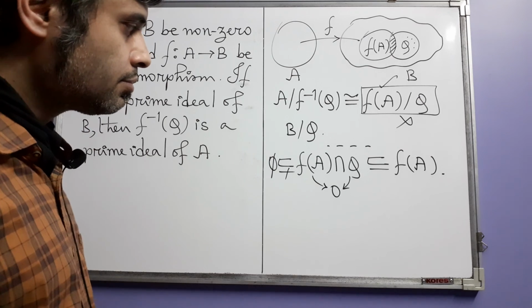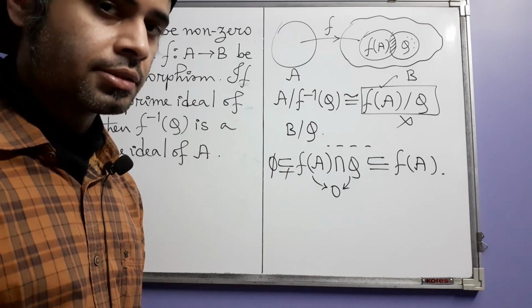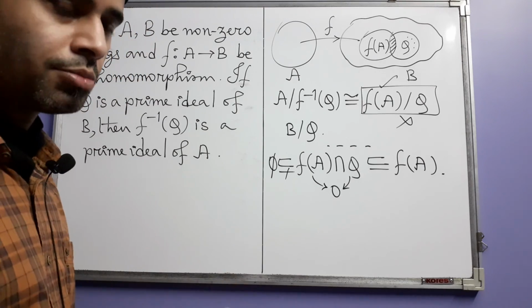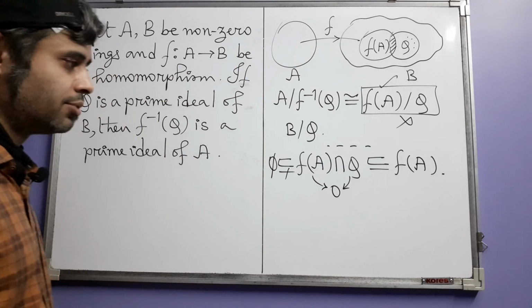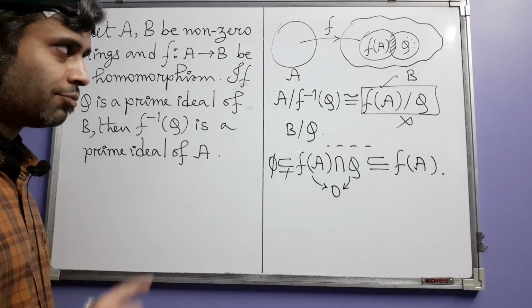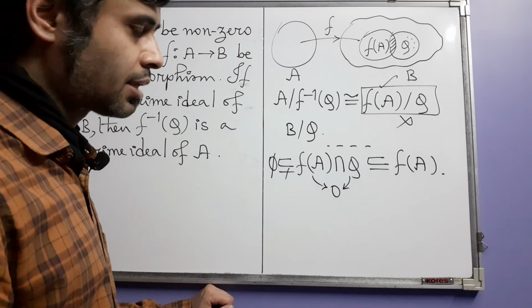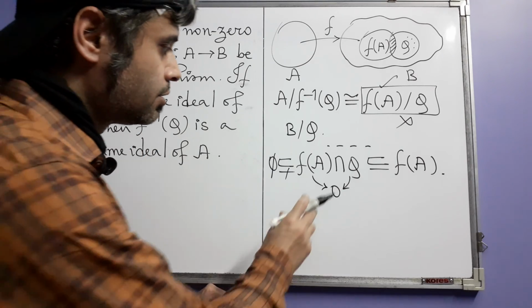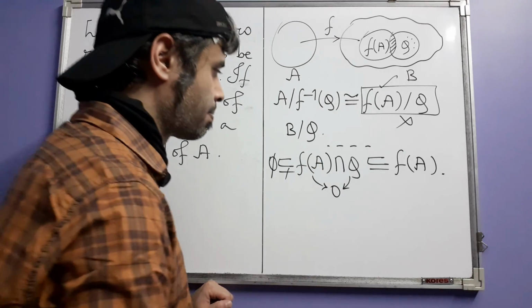Fine. Is it a subgroup of F of A under addition? Yes. And that also is almost immediate. Why? Because F of A being a subring of B is a subgroup under addition. Subgroup of what? Subgroup of B. So, it is actually a group in itself under addition.